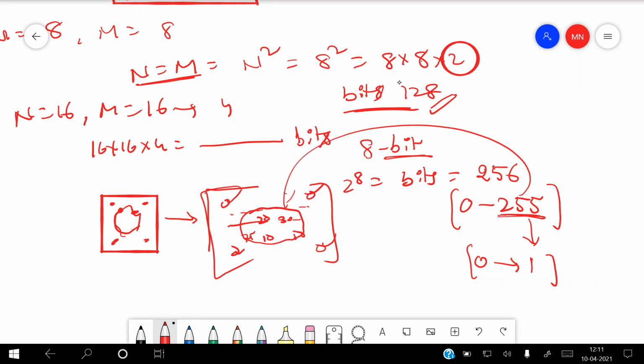These values are indicated, but a monochromatic image is only either black color or white color. Black or white only. That is why we equate the values to 0, 1 only. Finally, we equate to 1 only for an 8-bit gray level image.